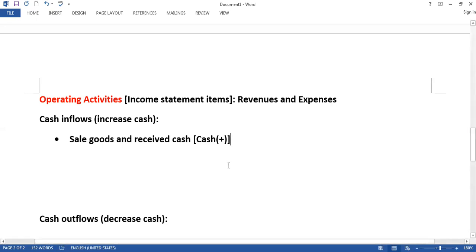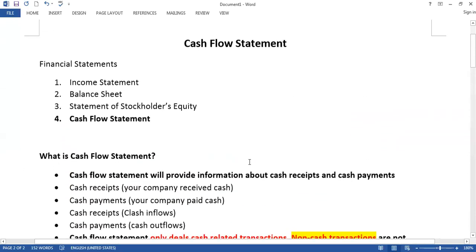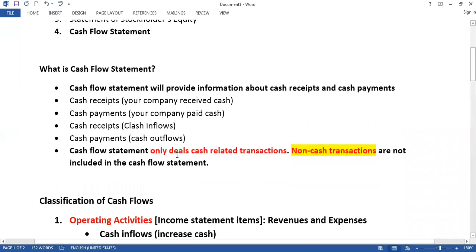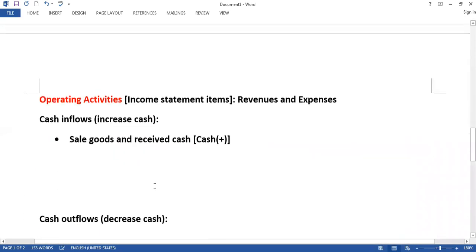Sometimes, if you remember, you sell goods but you do not receive cash, right? You already sell goods but you do not receive cash, so it is not cash flow statement. I told you from the very beginning, cash flow statement only deals with cash related transactions. So here we find that we sell our goods and immediately we receive cash.